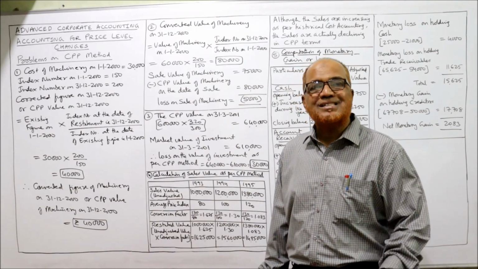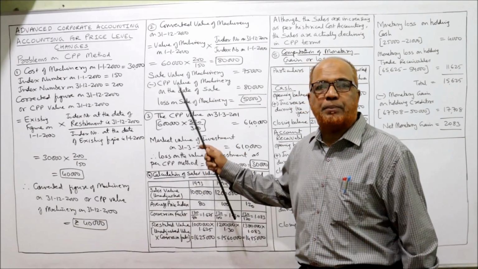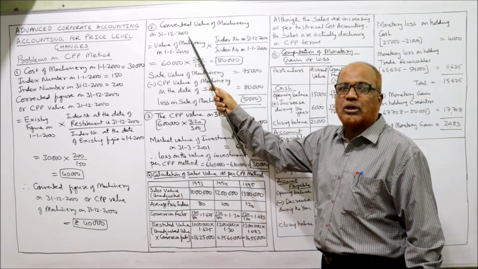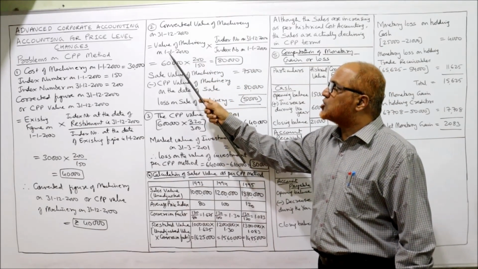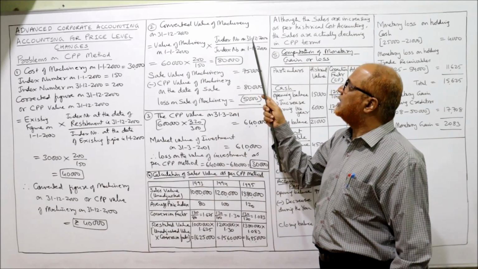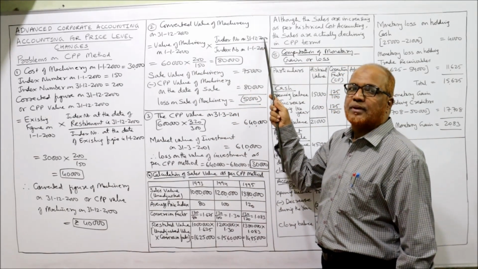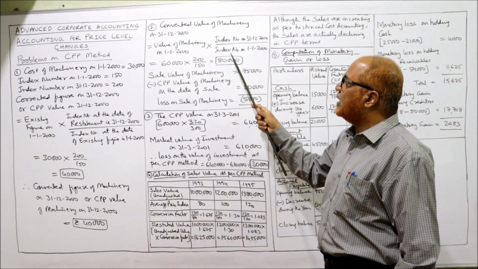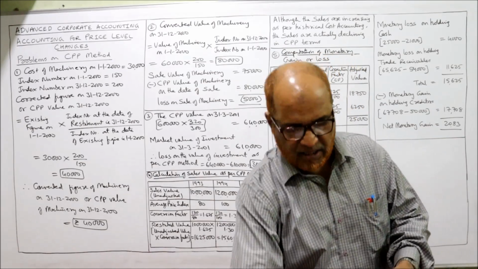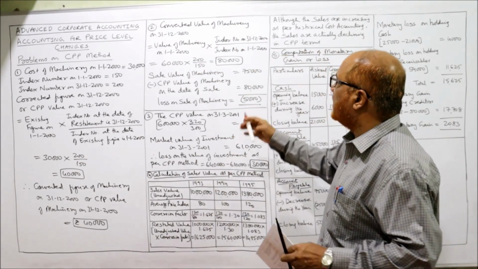First of all, we find the value of the machinery according to the CPP method. So the converted value of machinery on 31st December 2000, end of the year: value of machinery, that is 60,000, into the index number on 31st December 2000 divided by the index number on 1st January 1995. Actually, it is not 1st January 2000, it is 1st January 1995.